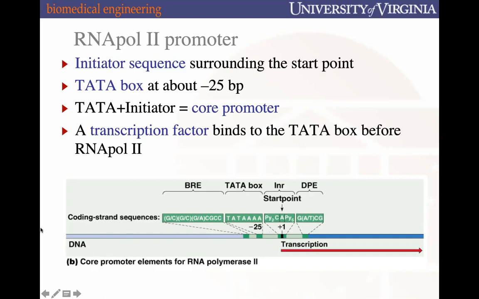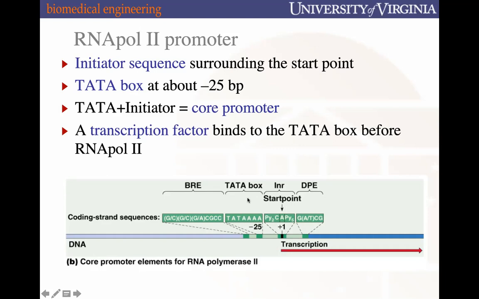Upstream from that, in the 5' direction, there's going to be what we described before, the TATA box, this consensus sequence that encodes for the initiation of transcription. Both the TATA box and the initiator, of which this transcriptional start site is a part, are important. The start point is bounded by specific nucleotides: two pyrimidines, which are thymidine or cytosine, in the upstream direction and 5 downstream in the 3' direction.